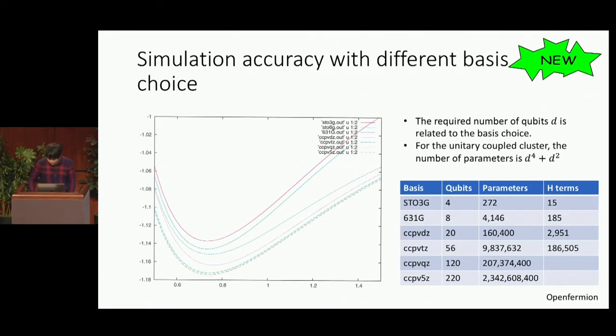For the cc-pVTZ basis, you can see we need more than 100,000 terms in the Hamiltonian. So it seems that to get the actual ground state energy of the Hamiltonian, even for hydrogen, we need a larger number of qubits, and we need to optimize a lot of parameters.